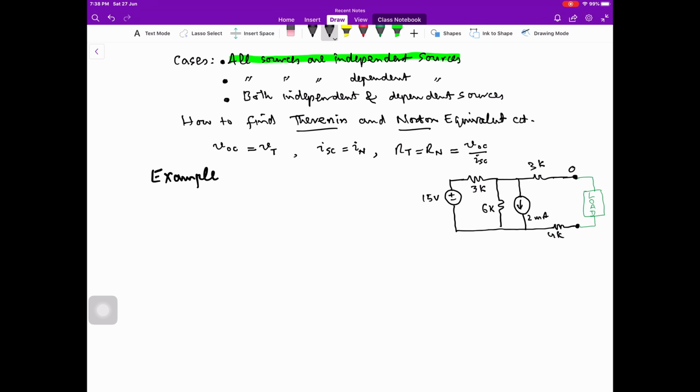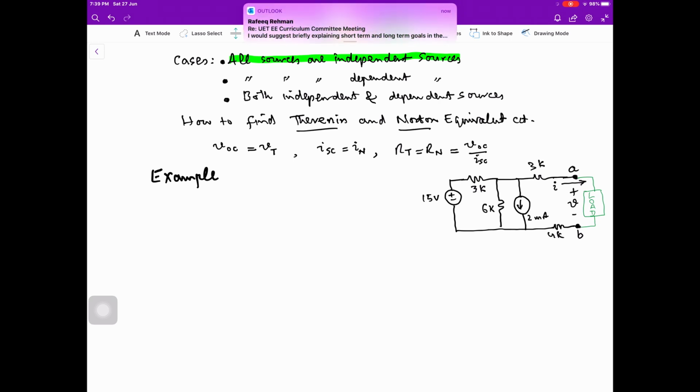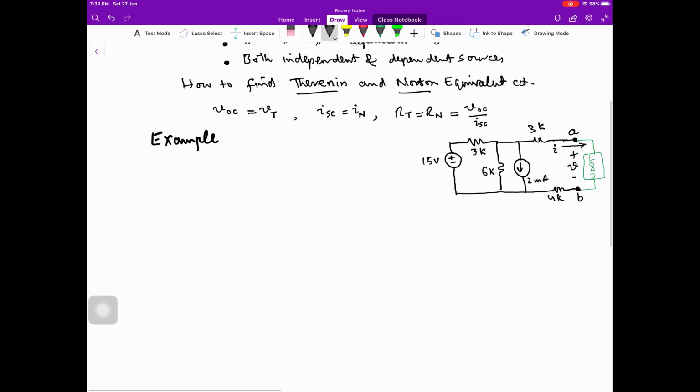We use A and B labels for these terminals, and the voltage over here is V, which is the load voltage, and the current which flows through the load is I. In the previous lecture, I discussed how to find the Thevenin equivalent and Norton equivalent, and in today's discussion I will show you another aspect of the circuit in finding Thevenin and Norton equivalent.